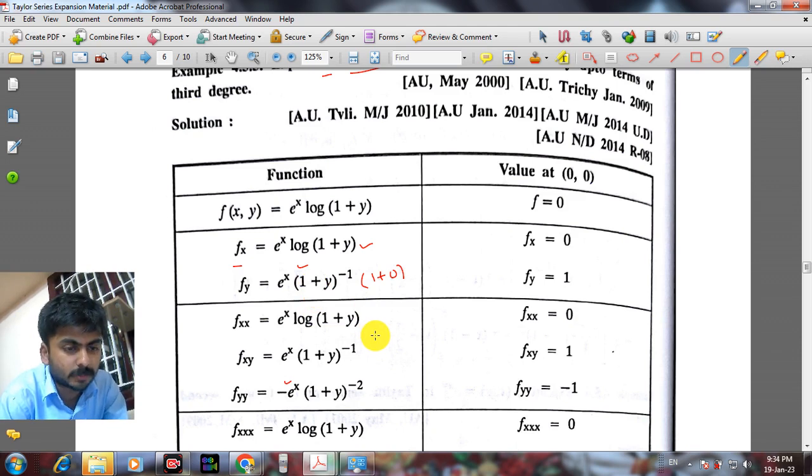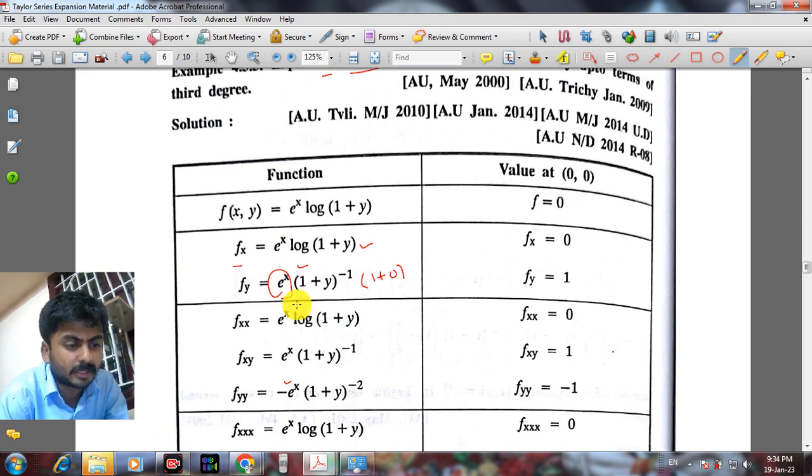But here we have an advantage. What is that advantage? E power x is free from y, so it can be treated as constant. So the only thing you have to differentiate is this. For an ordinary differentiation case, you have to consider it as u dash v plus u v dash.